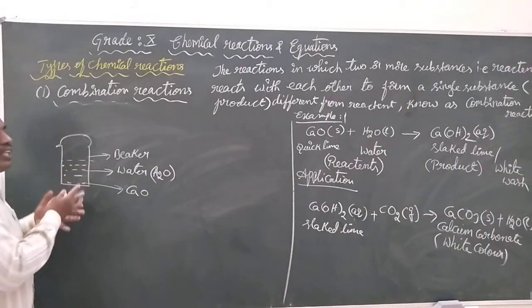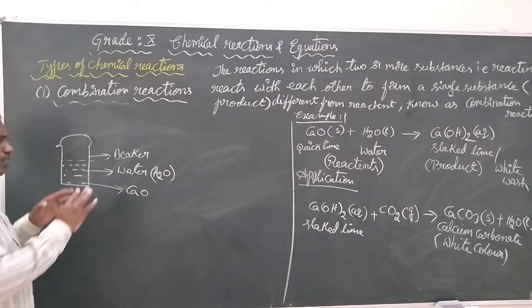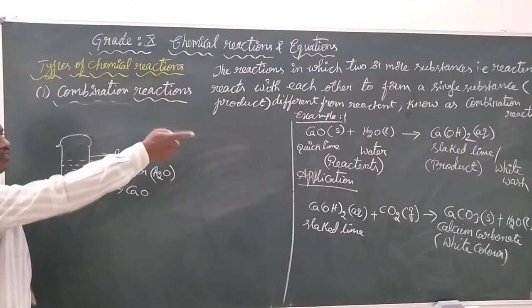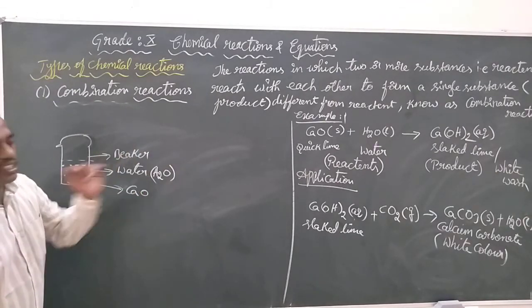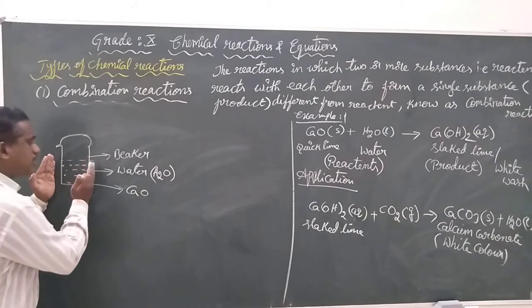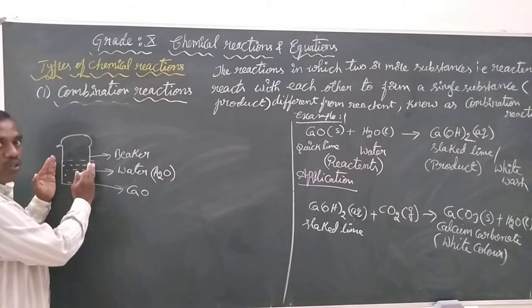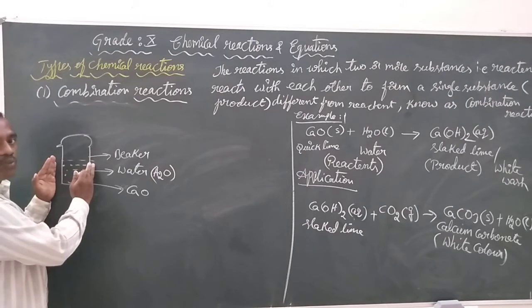When we are doing this reaction, we can clearly observe that when both of these are combined, they give calcium hydroxide. That is called slaked lime. But you must touch the walls of the container and observe whether it is giving heat or absorbing heat.